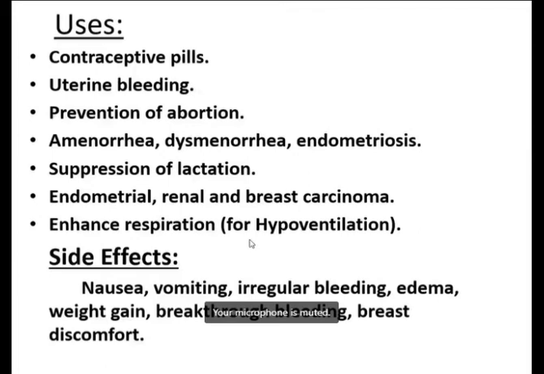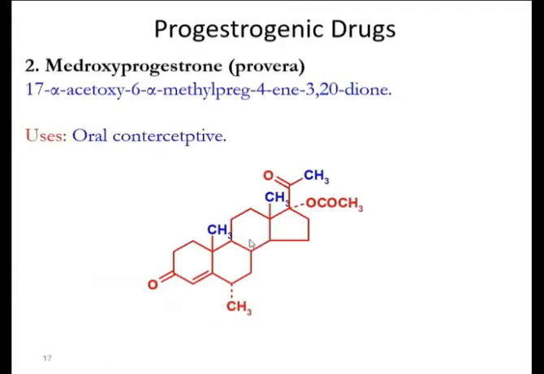Another very important drug, which is in injectable form. It has been used previously very frequently as an injectable contraceptive. It is medroxyprogesterone, Depo-Provera. We were calling this Depo-Provera, or sometimes short, Provera.